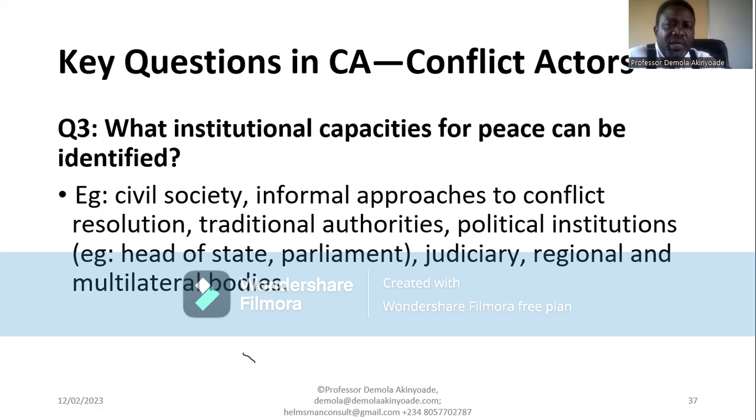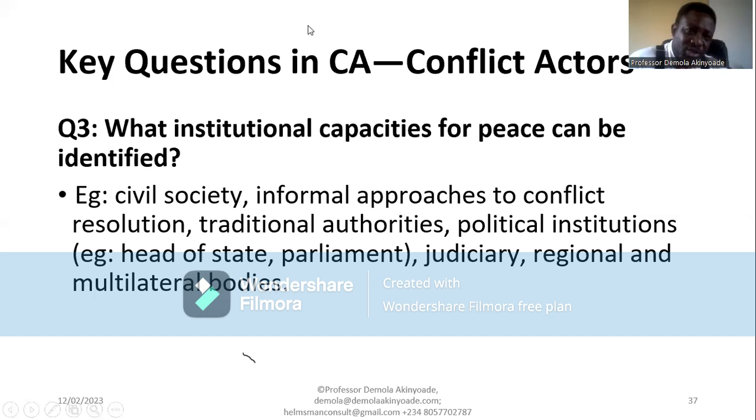Now, in the conflict we are examining, do we have institutional capacities for peace? In the election conflicts in Nigeria, do we have institutional capacities for peace?